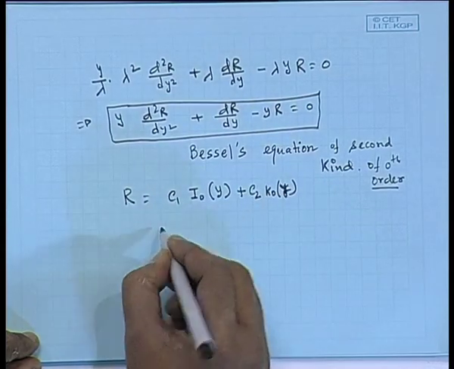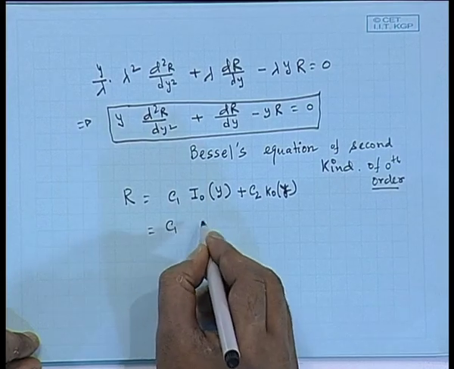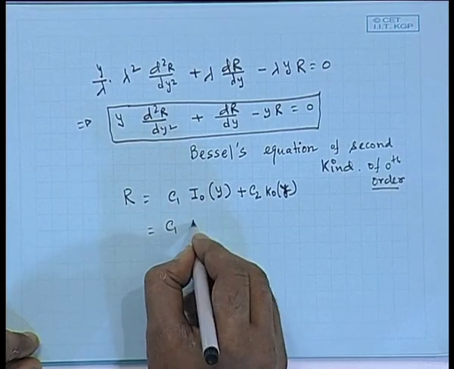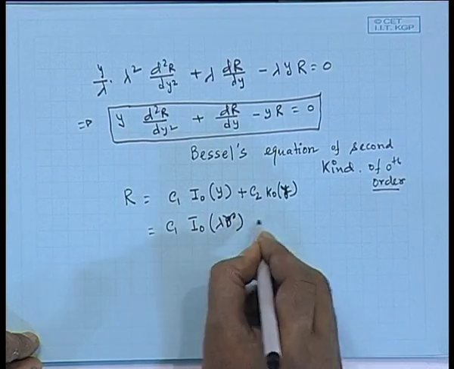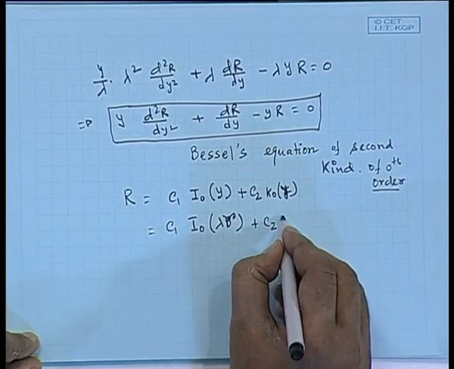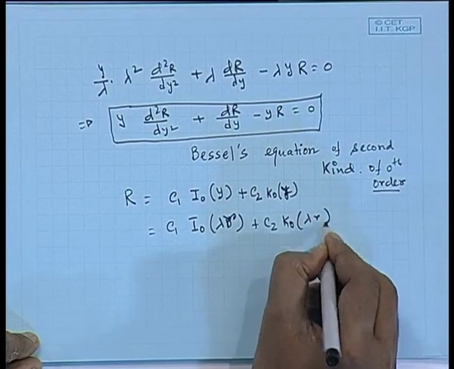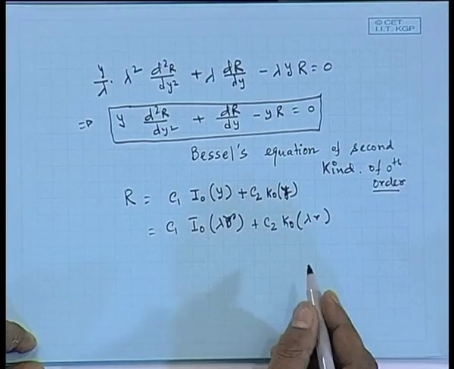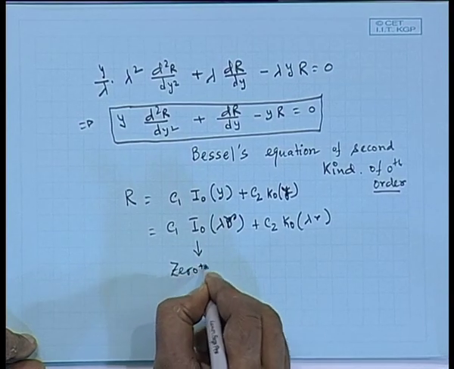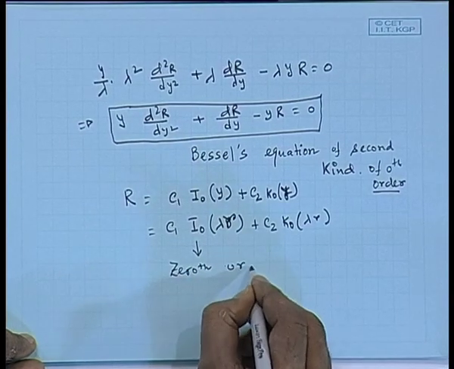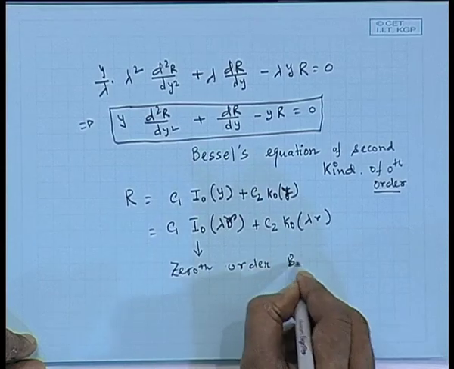So R is C1 I0 of lambda r, where y is nothing but lambda r, plus C2 K0 of lambda r. Okay. This is 0th order Bessel function.